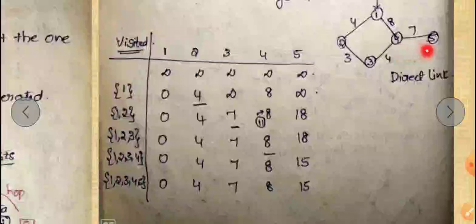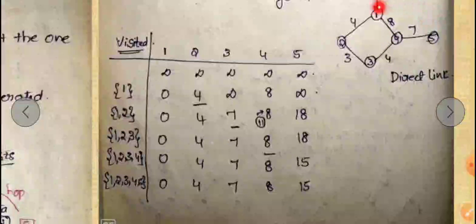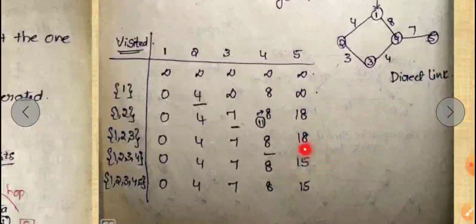But now I am going to update my routing table, because from 1 to 4 and 4 to 5 my distance was shorter, so that's why I updated 15 instead of 18.